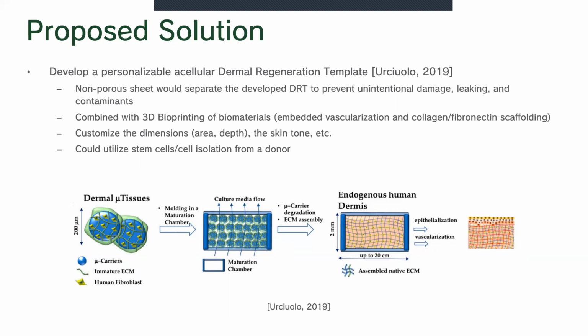And the final result should have some type of endogenous human dermis behavior, where we have the vascularization, where the blood vessels themselves have been developed, or the network for this is developed inside the skin alternative we're making. But we also care about the epithelialization. How is it going to interface with the blood vessels that we currently have in our body?